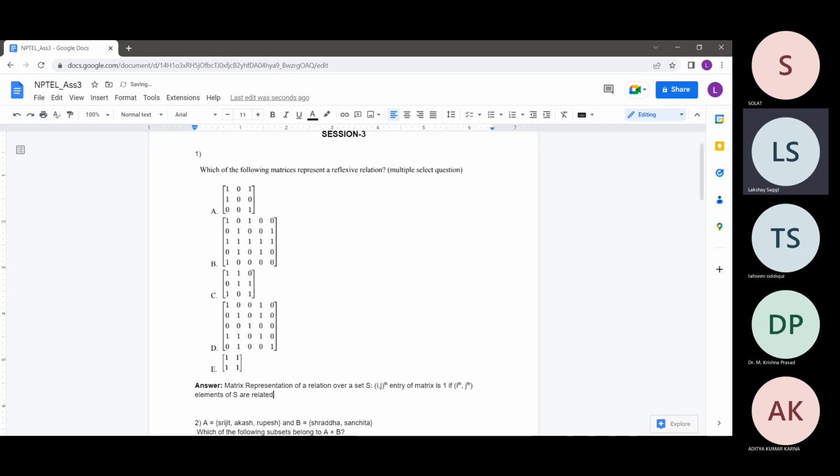If I label the elements of S as A1, A2 up to, let's say, AN, then Ai comma Aj are related. That's basically the matrix representation. If they are not related, then the i comma jth entry is zero.